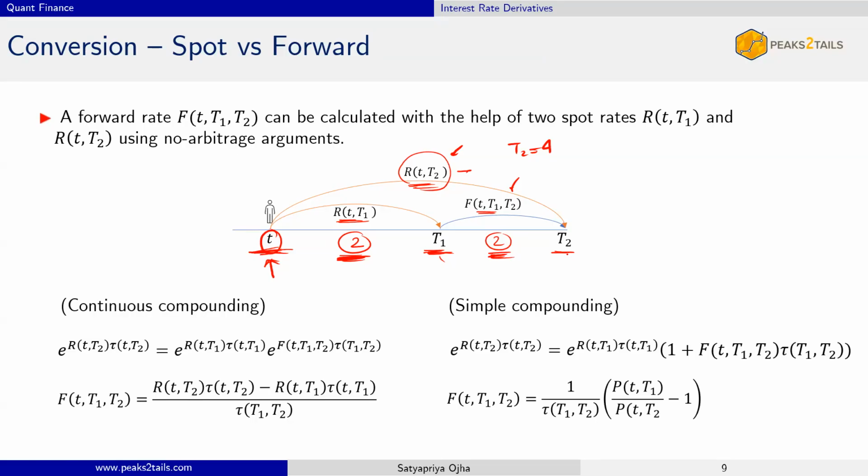For interest rate, what we need to see is that at the end of the period T2, you should have exactly the same money. Doesn't matter which way you go, this way or the second way. So let's do this.